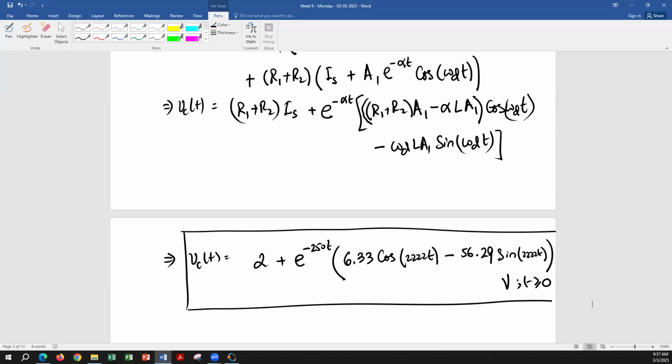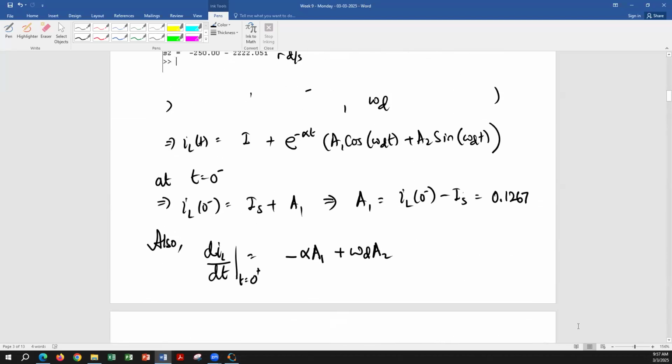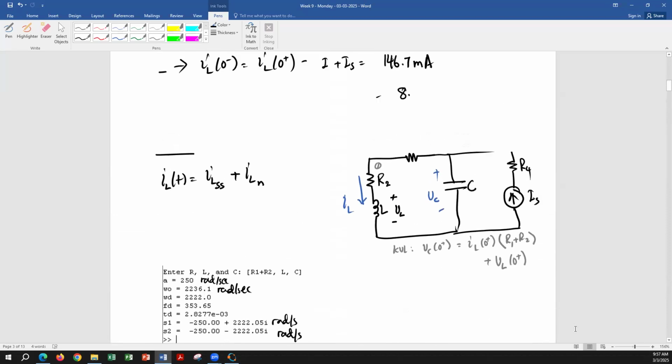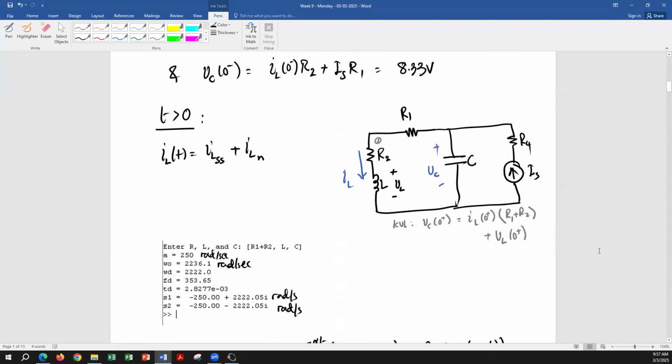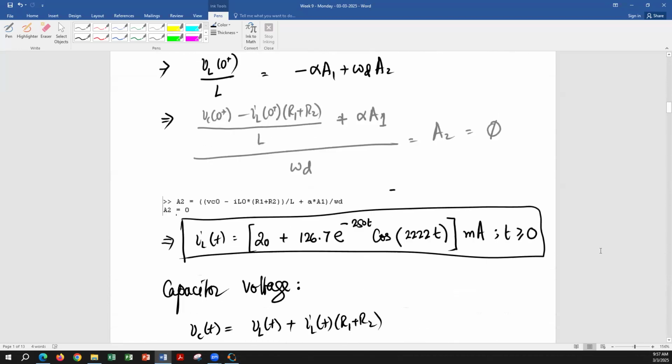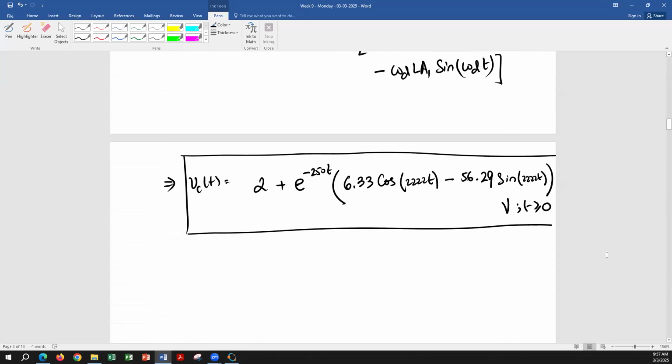This will be 1, this will be 1. So the initial value is 8.33. And just go and check if that's the initial value that we calculated, 8.33, which is right here, 8.33 volt. So at least from these two values, the steady state value and the initial value, I can say that the equation seems correct to me.